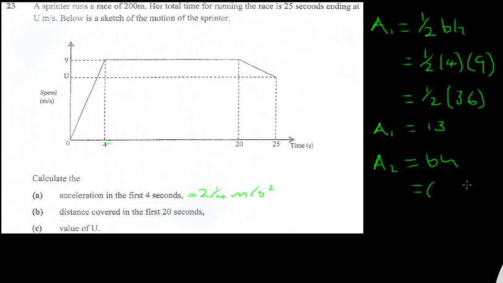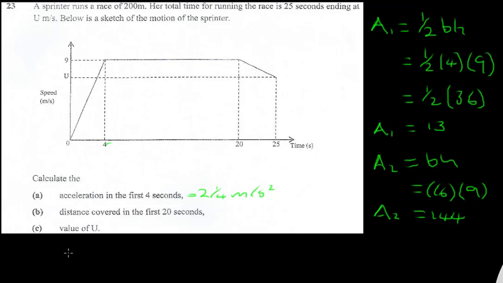So it's 20 minus 4, which gives us 16, multiplied by the height, which is 9. And 16 multiplied by 9 gives us 144.